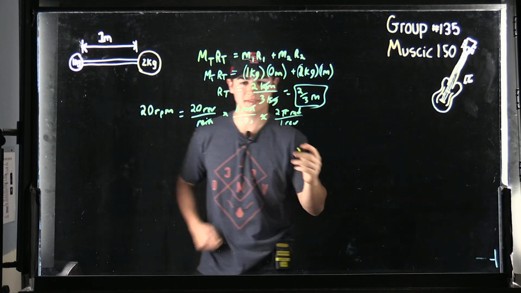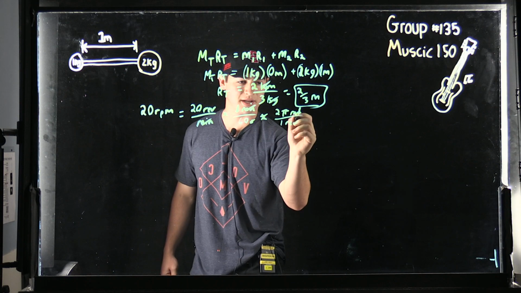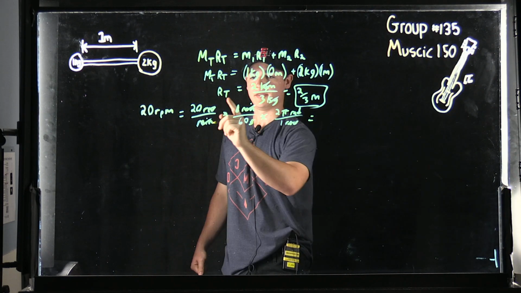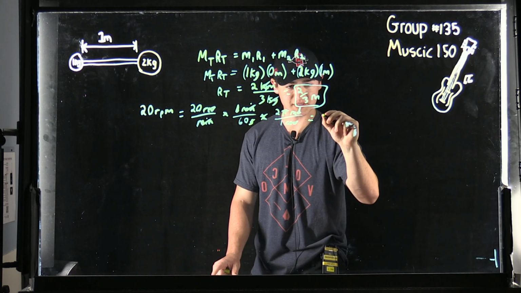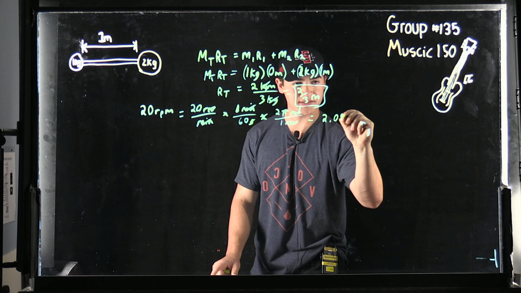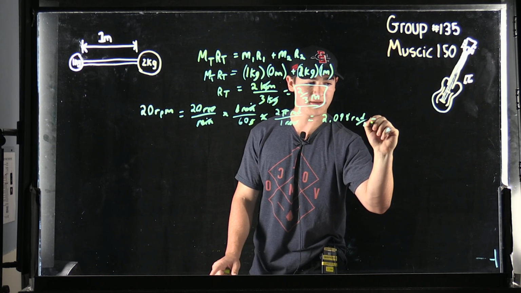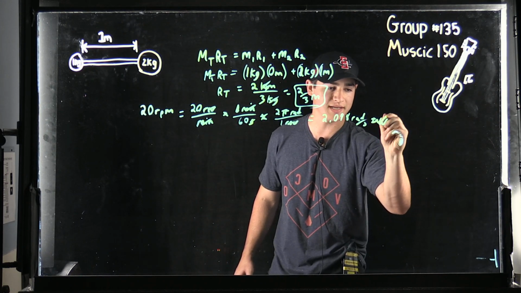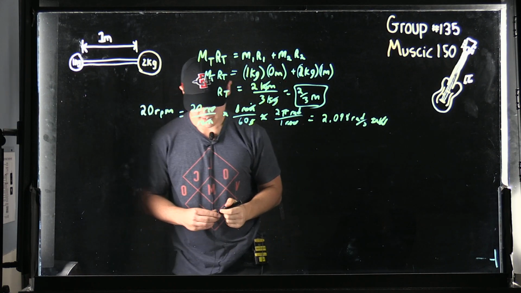Now we're going to have this times this divided by this. And then, of course, that's going to equal 2.094 radians per second. And what we call that, we use that as the angular velocity.